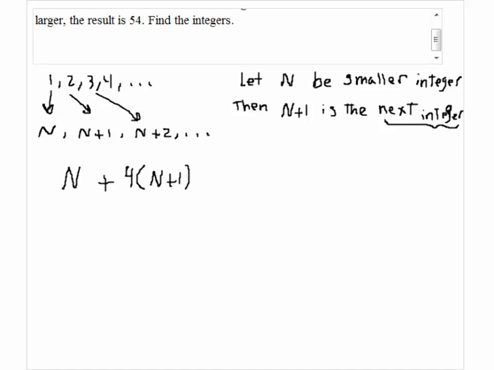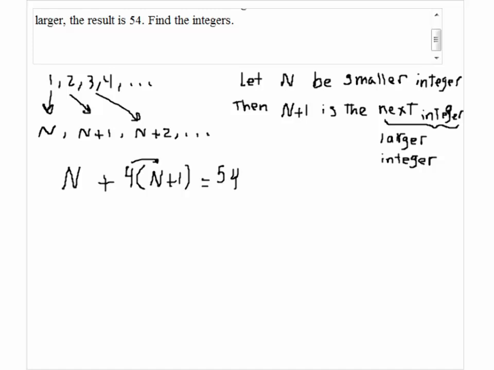So if you're assuming the smaller integer is n, the next integer is n plus 1. The larger one is n plus 1, so we have n plus 4 times n plus 1. It's supposed to add up to 54. So this is the equation you have to solve for n.